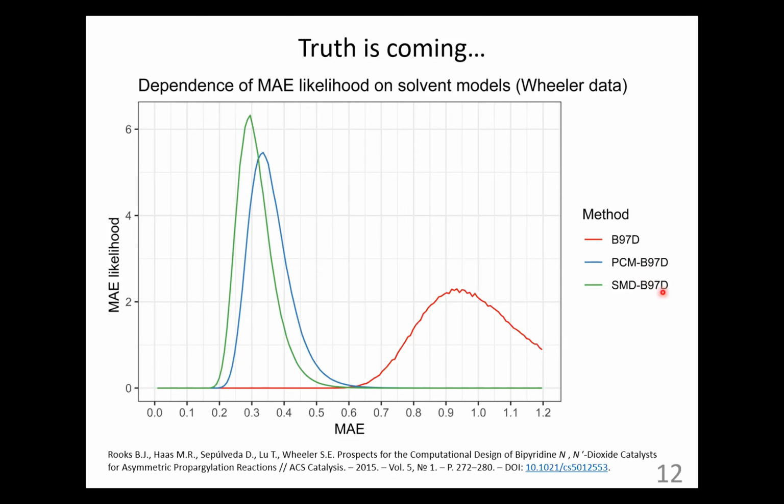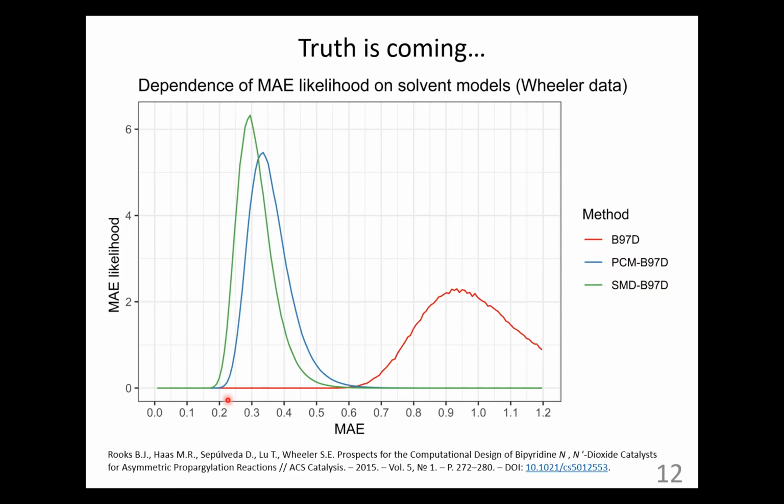Here, all three methods differ only in the solvation model. The red one does not have a solvation model at all, and the blue and green ones have solvation models, very similar ones, SMD and PCM. And here we have the plots of maximum likelihood versus MAE.